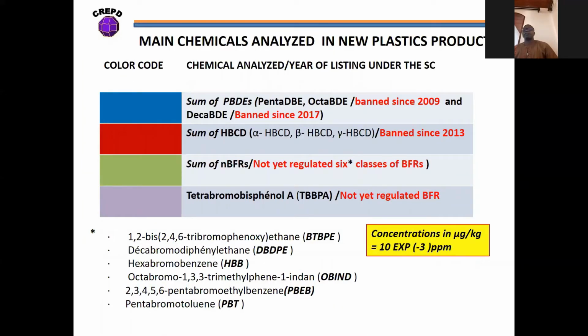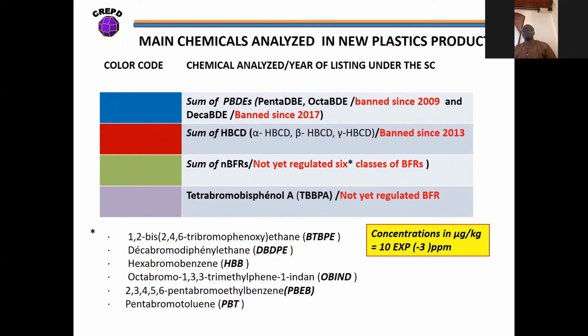This slide is very important because it shows the hazardous chemicals that we selected to analyze in the plastic, because most of them are banned under the international convention. The sum of PBDE, the penta PBDE and the octa PBDE, were banned since 1999 under the Stockholm Convention.